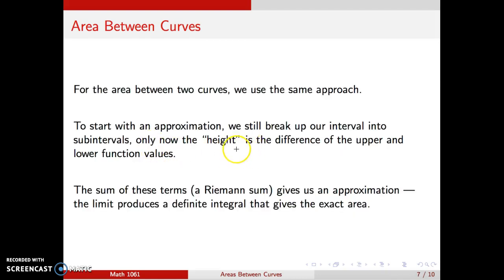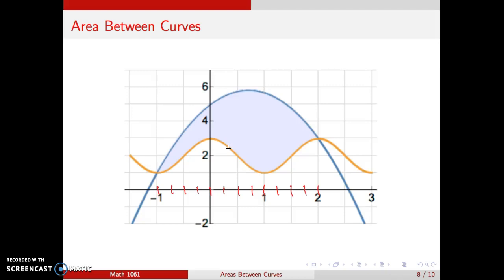Only now the height, if you like, the height is the difference of the upper and the lower function values that we use. So let me choose right here. And have a rectangle there, then maybe a rectangle right here, rectangle here. So the construction is the same idea.